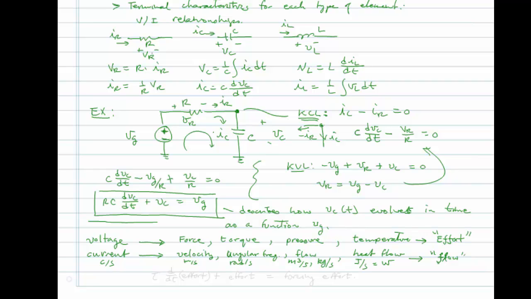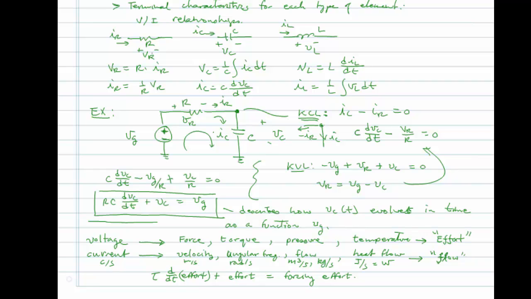And that'll help us to think more generally when we write, for instance, a first-order differential equation. We could rewrite this differential equation as tau times d/dt of effort, plus effort, is equal to some forcing effort. And we'll see that when we talk about some of these other domains, these same differential equations will show up time and time again.